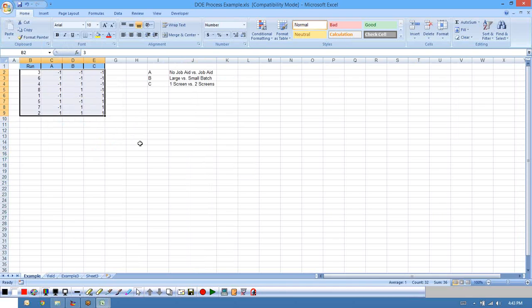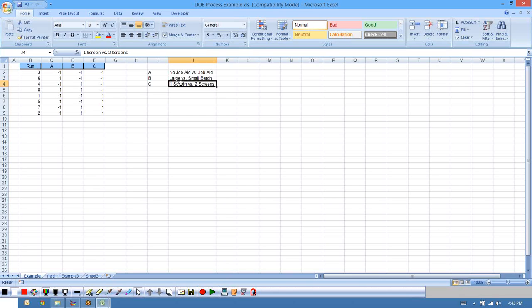So in this case, the first thing I've got is my runs. Very often, if you're doing things in order, you'll want to randomize that. But in this case, we would randomize who is selected as -1, who's going without the job aid versus with the job aid, who's using a large versus small batch, who's using the 1 screen versus the 2 screen.